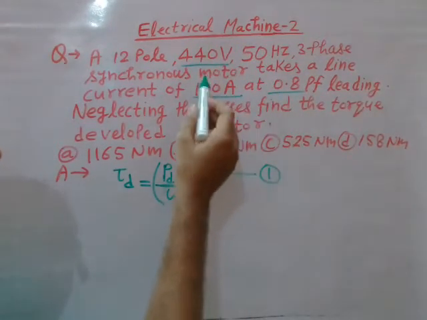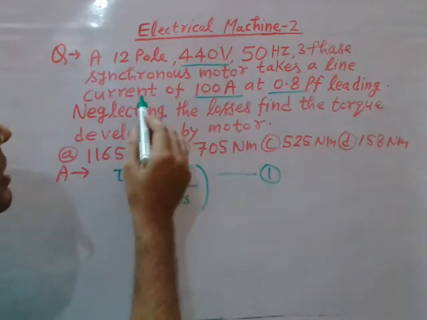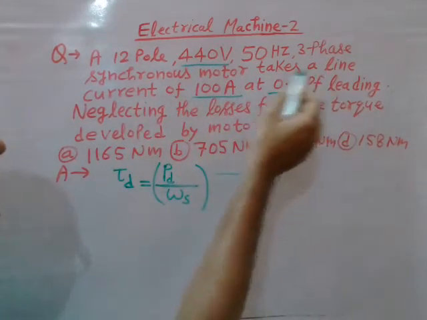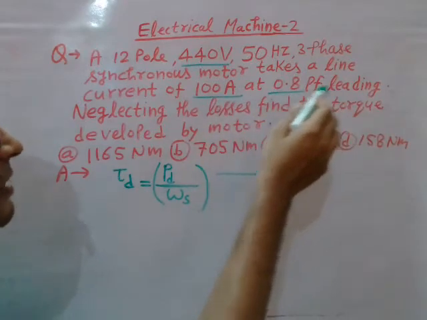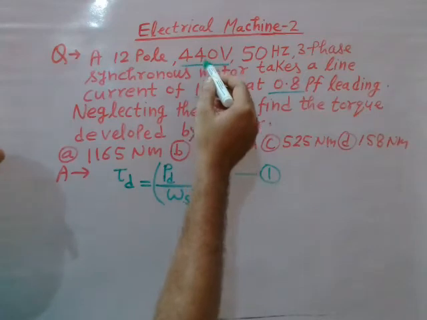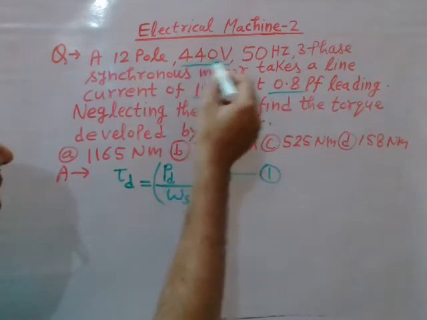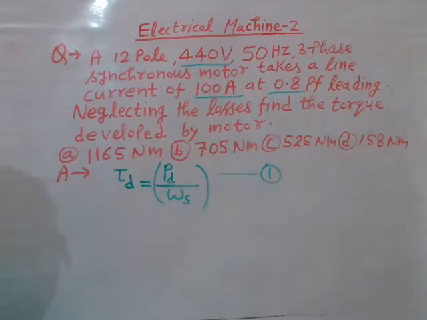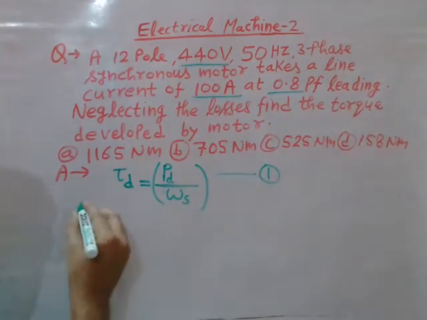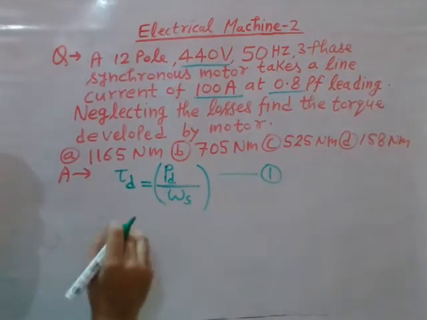He has given you the line current: the motor takes a line current of 100 ampere at 0.8 power factor leading, at the supply voltage of 440 volts, right? So with this data you can calculate the input power, P input.